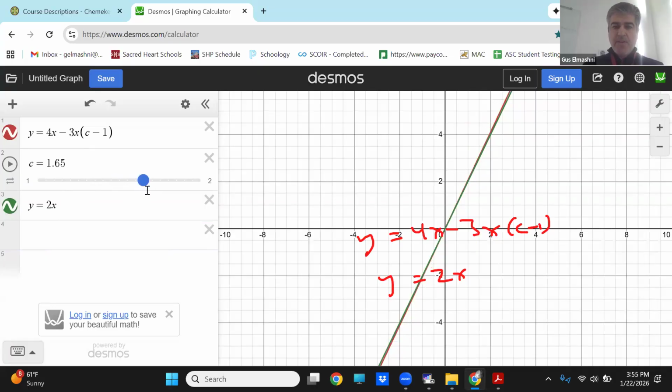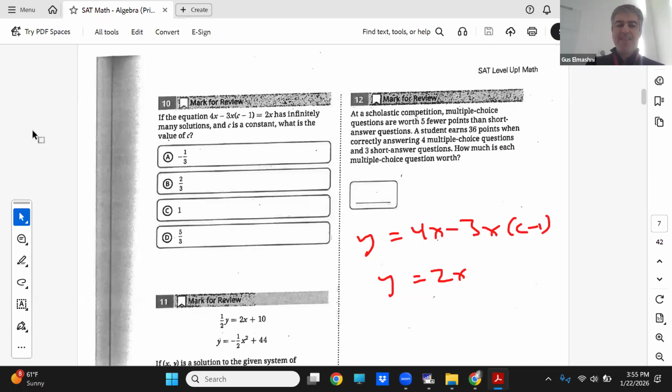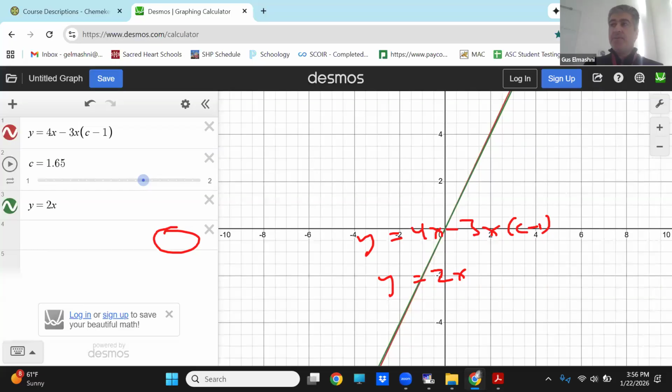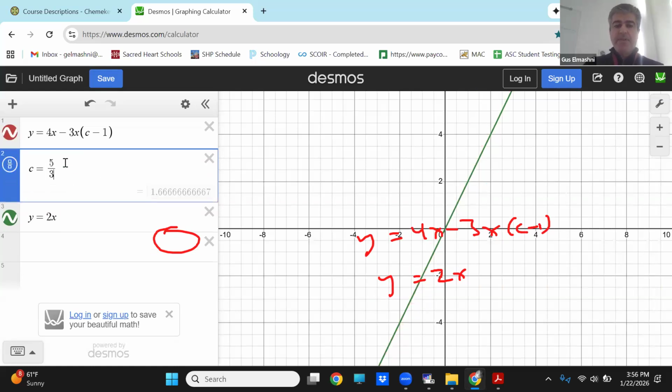So it's probably 1.67. It's probably going to be 5/3. Because 5/3 is 1.67, which is 1 2/3, you could also just replace c here literally with 5/3. They're the same.